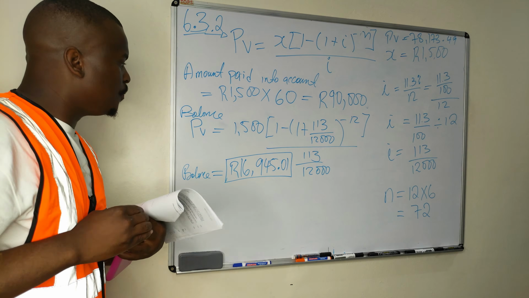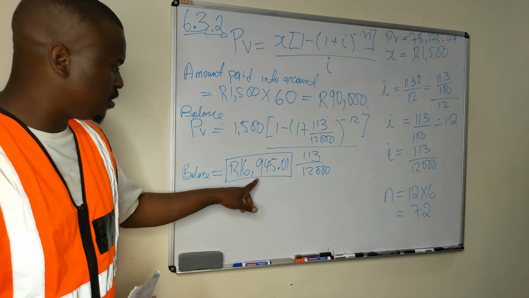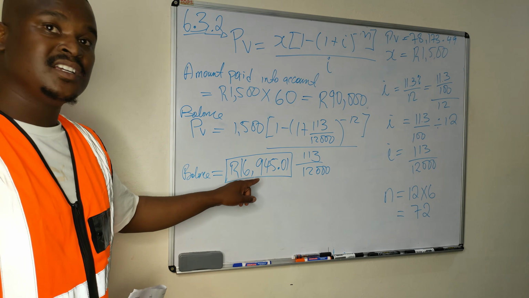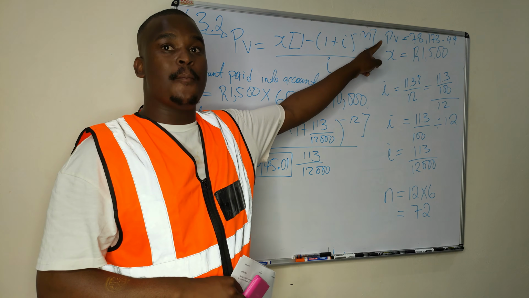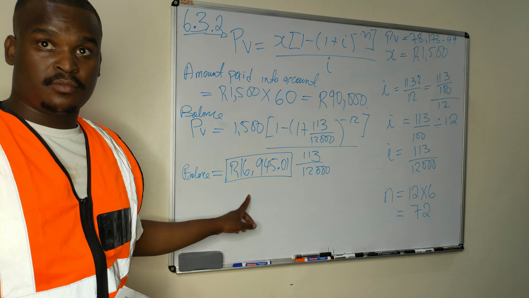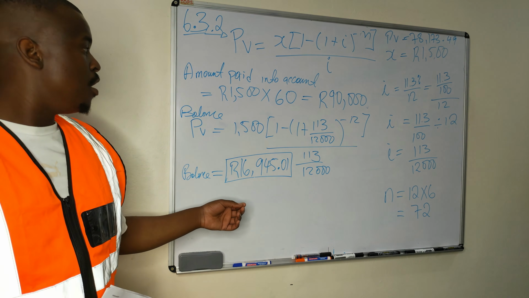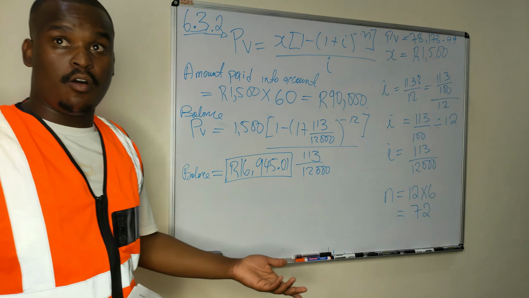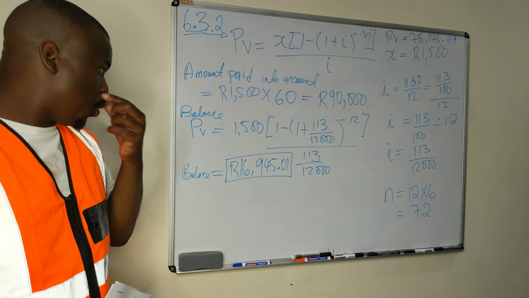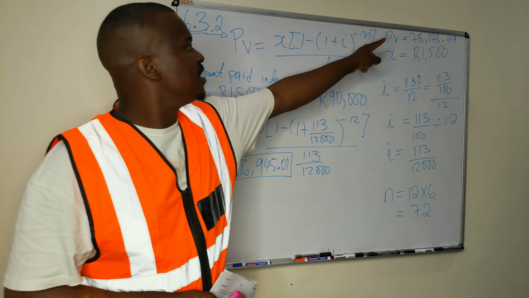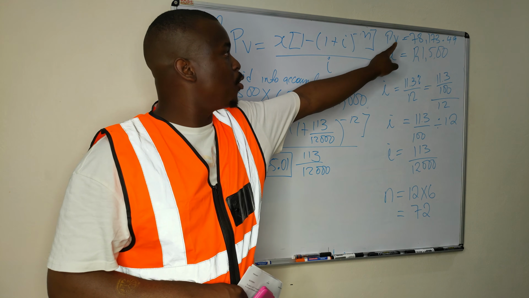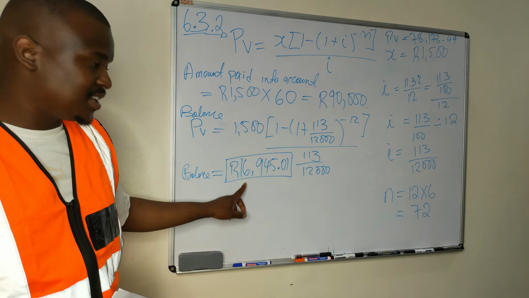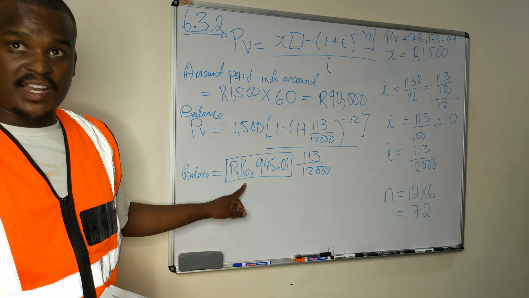Okay, so if this is the balance of the loan, how much of the initial amount has been paid off? So you want to know how much of that given amount has been paid off, right? So to find that, you say, okay, that initial amount, that borrowed amount, subtract this, then you will know how much has been paid off.